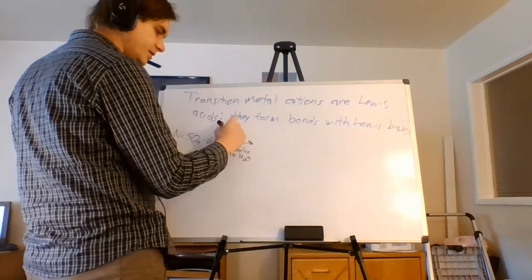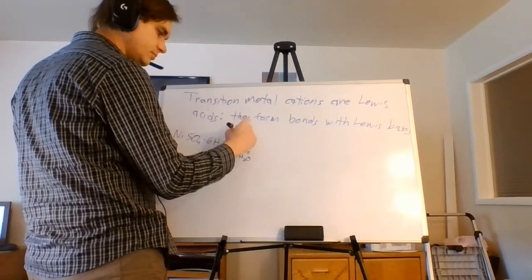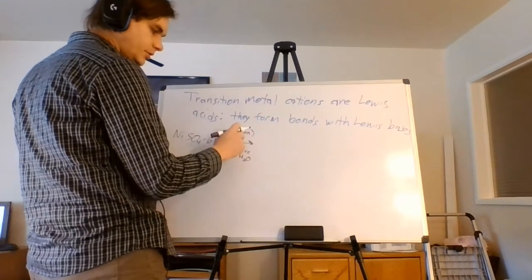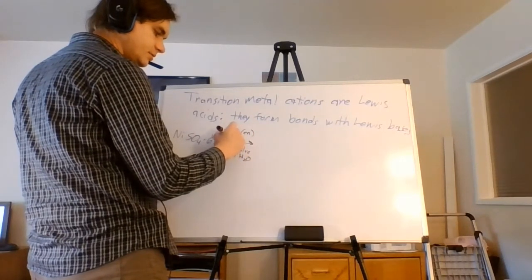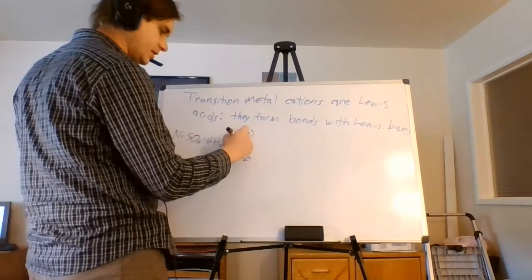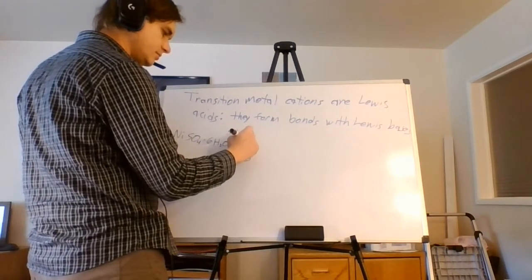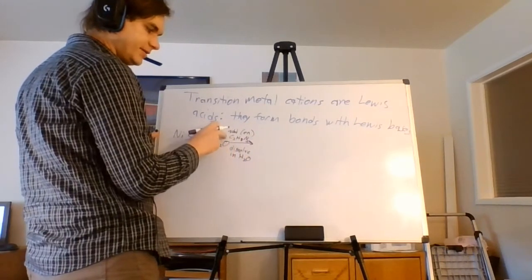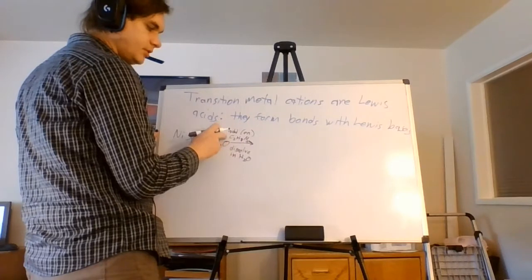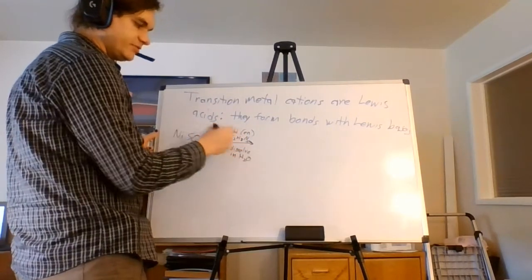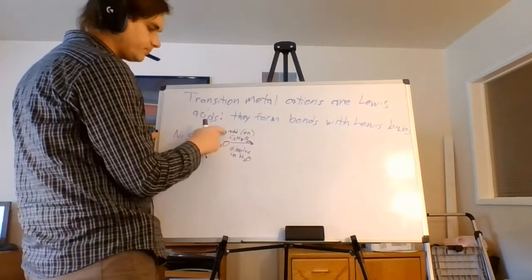And we're going to add the C2H8N2. We're going to add the ethylene diamine. Ethylene diamine from here on out is going to be abbreviated as EN because I don't want to have to write out the whole thing every time.